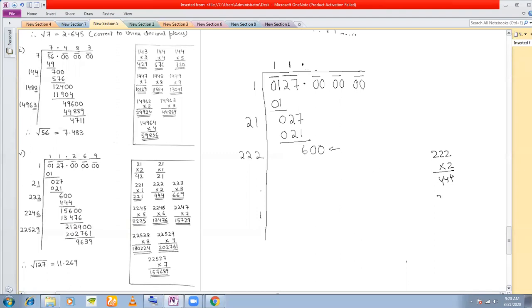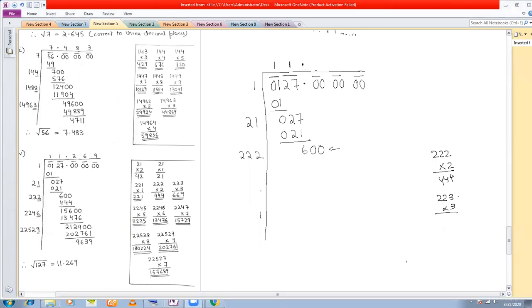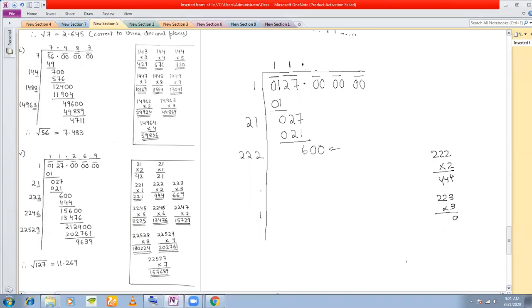So we next try 3. 223 into 3. Let us see if it is greater than 600 or not. 669, which is greater than 600. So therefore we accept the digit 2. So we write a 2 here and we write a 2 here. And we get 444.